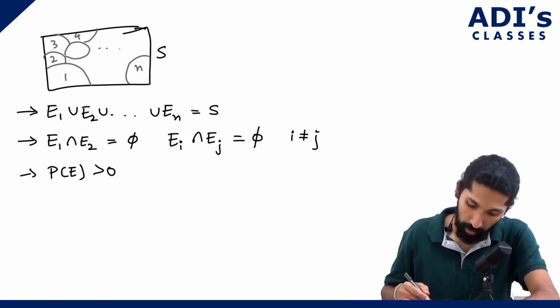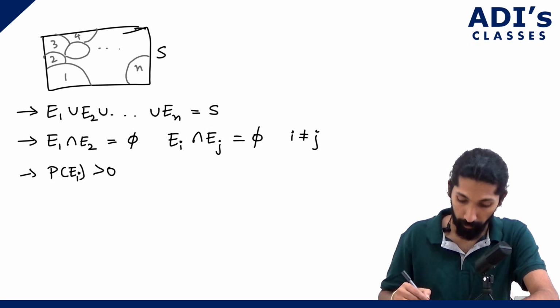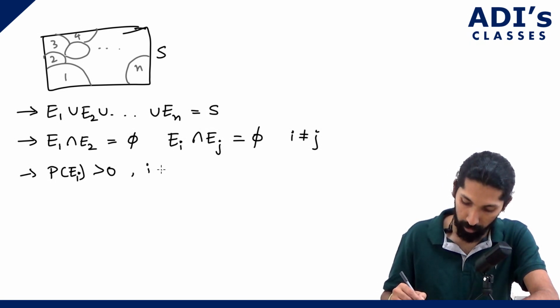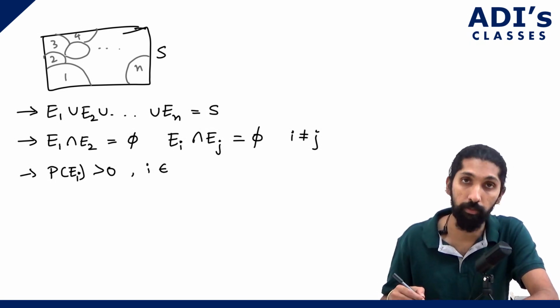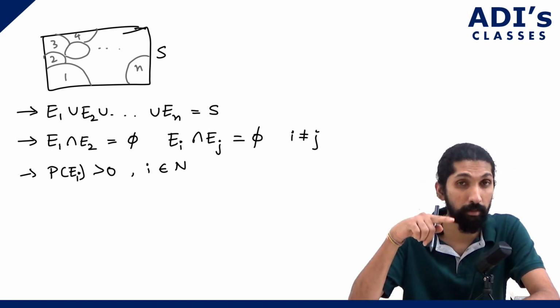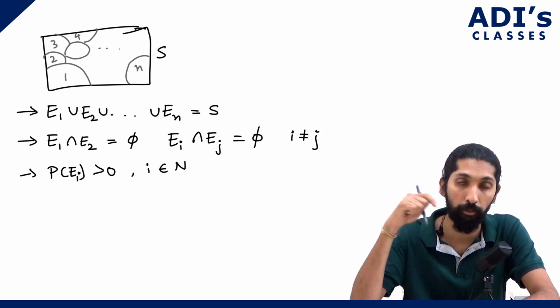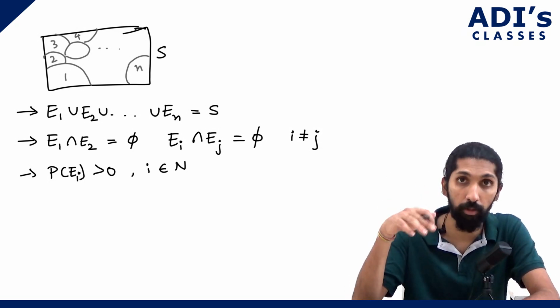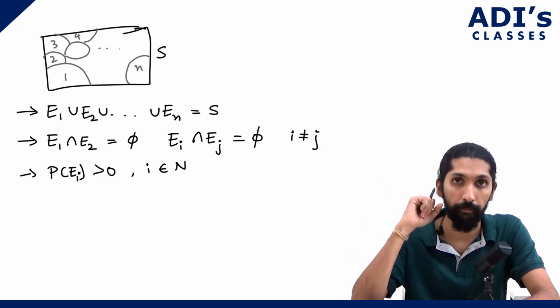So we can say that P of Ei is greater than 0, where i belongs to the set of numbers 1 to n, because generally we start with the first element: 1, 2, 3, 4. We don't start from E0, E1, E2, right?